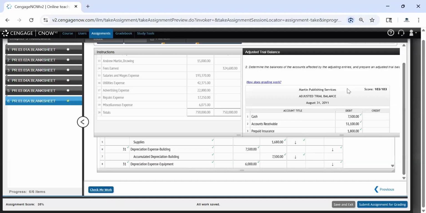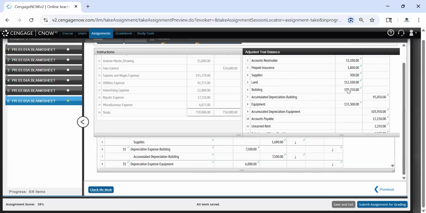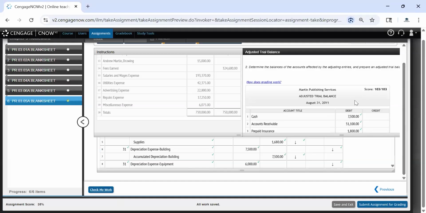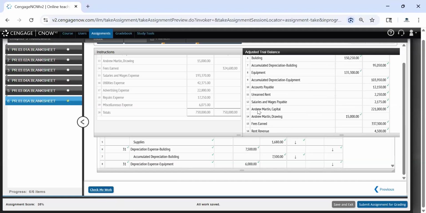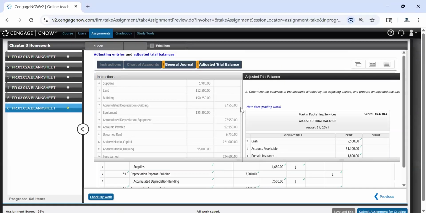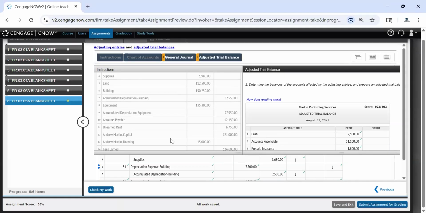If we check our work here, our total is 103 out of 103. And that is all that is required for this homework assignment.